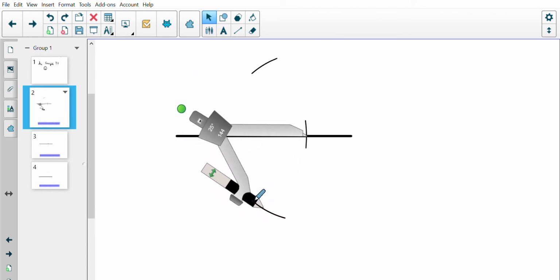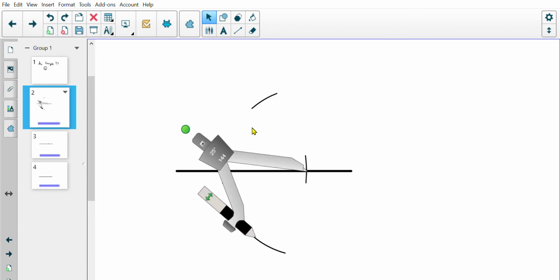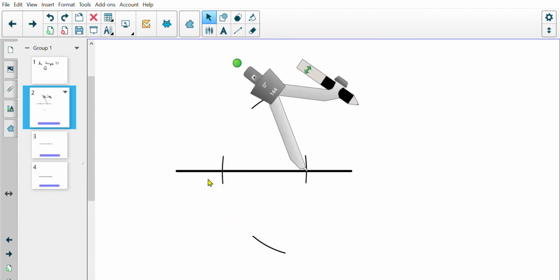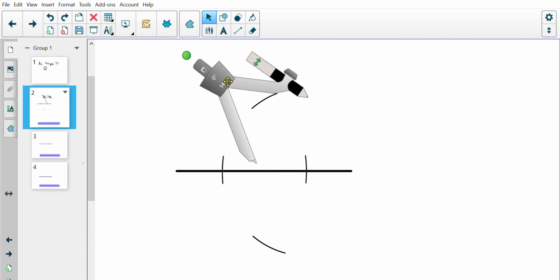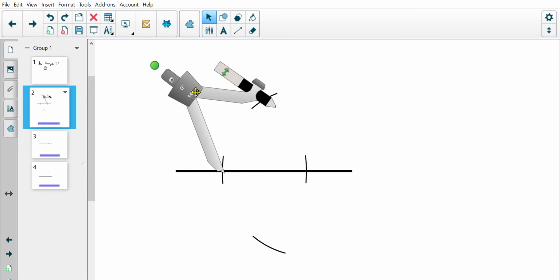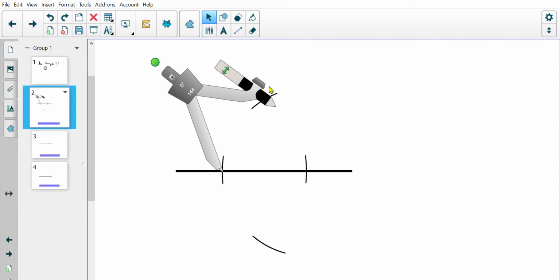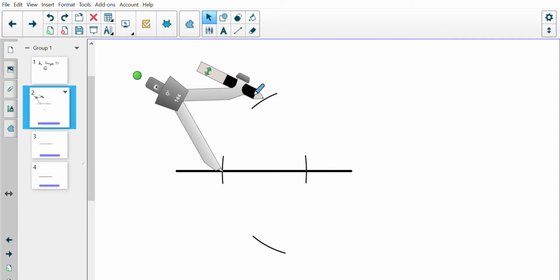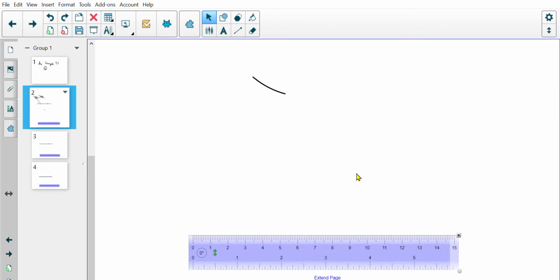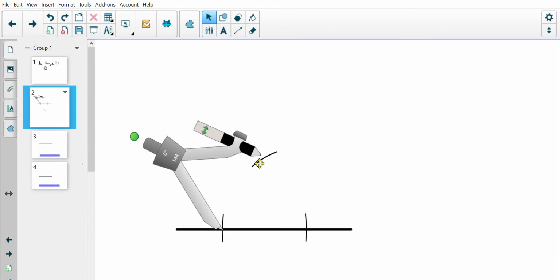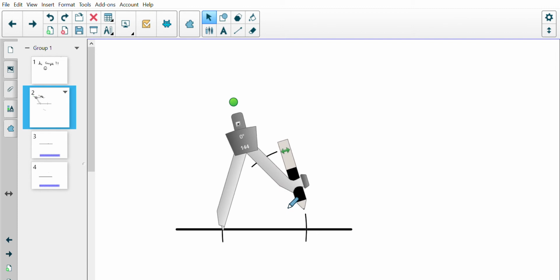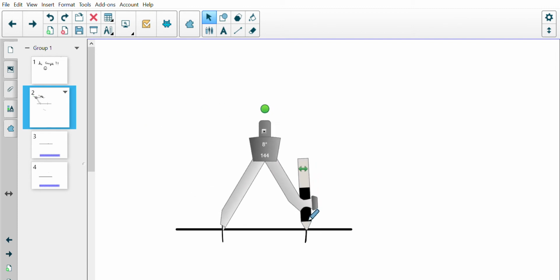This should be enough. Then you take your compass like this and place it on the other intersection point. And just for your confirmation, I'll show you that it's of the same measure. Then take the compass and construct another arc.